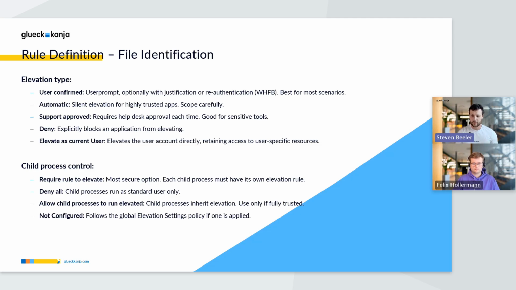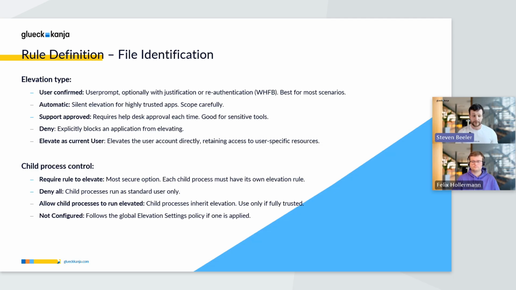We have a good solution later for how you can notify the administrators that there is a new request pending. The administrator has to accept or deny the request, and then it is sent back to the device. The user gets a toast notification telling them, hey, you can now use your application with elevated rights. And we will also show you in a demo how that works exactly.